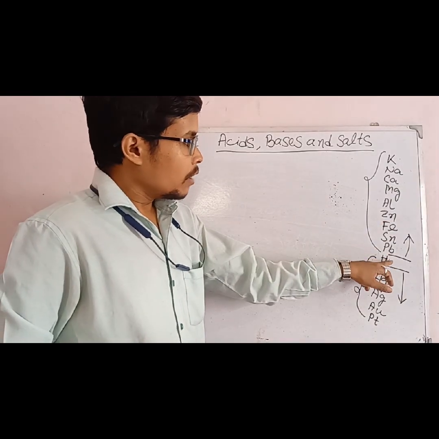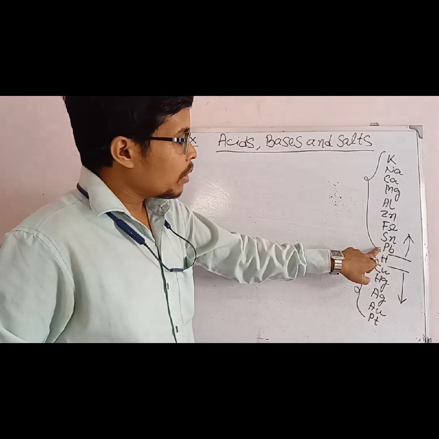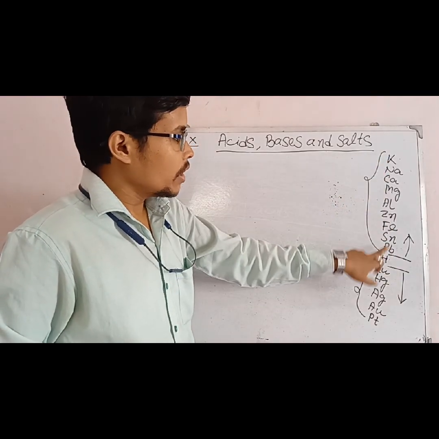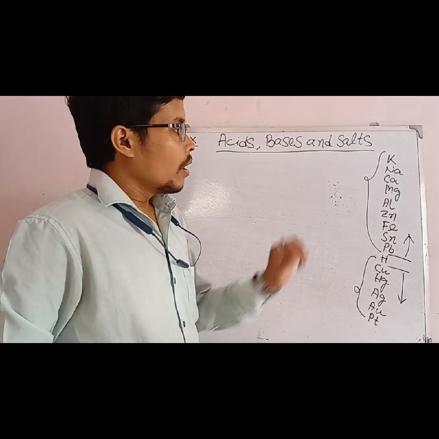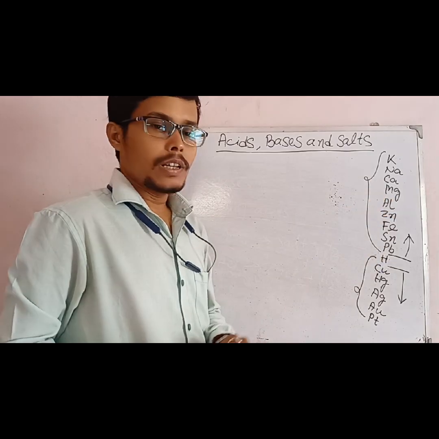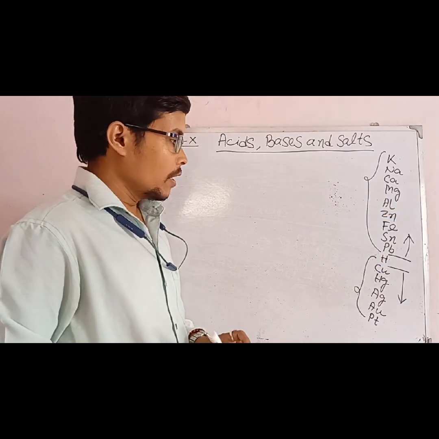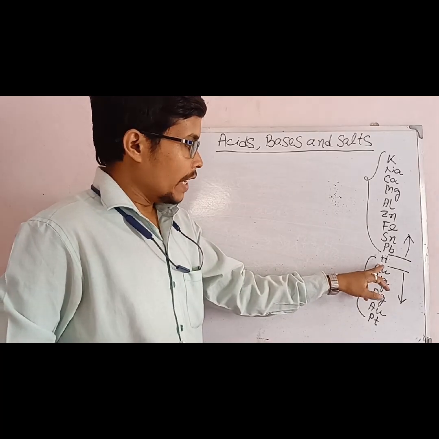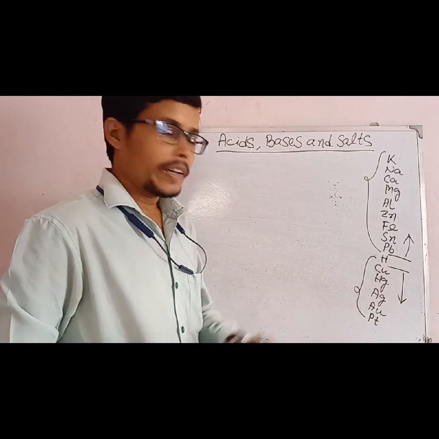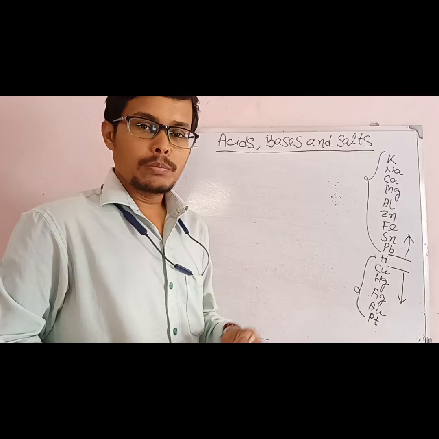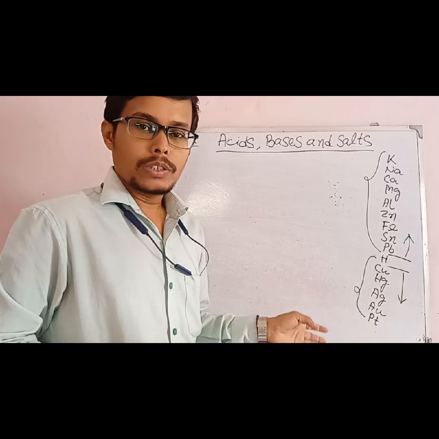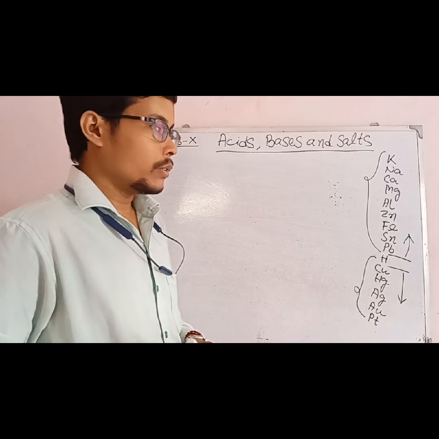The metals present above hydrogen, like potassium to lead, can displace the hydrogen from the acid to produce hydrogen gas. But the metals that lie below hydrogen, like copper to platinum, are unable to displace hydrogen from the acid to produce hydrogen gas.